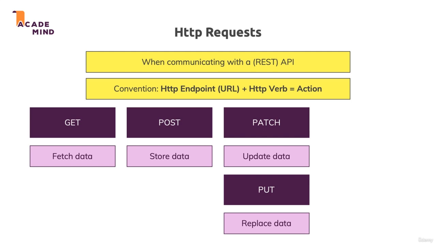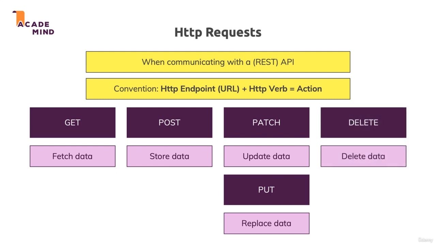The official documentation is always the place to go, of course. The official documentation of your web service, I mean. Delete requests can also be sent, and as the name suggests, you typically would choose those if you want to delete some data, some resource on the server. So these are the different kinds of HTTP requests you can send if your server supports them for the URL, for the endpoint you're sending them to. And we'll now work with these HTTP verbs and also with different endpoints throughout this module.